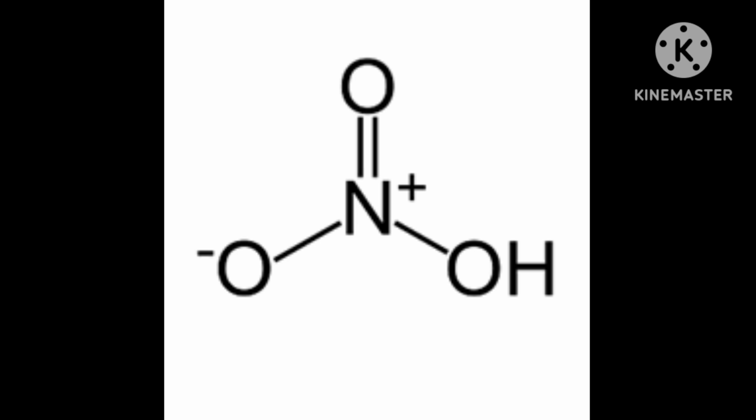Then in the third step, 3NO2 plus H2O, water, gives 2HNO3 plus NO. In this way you got the nitric acid plus an extra product NO, nitric oxide, which again can be reused to get more nitric acid.